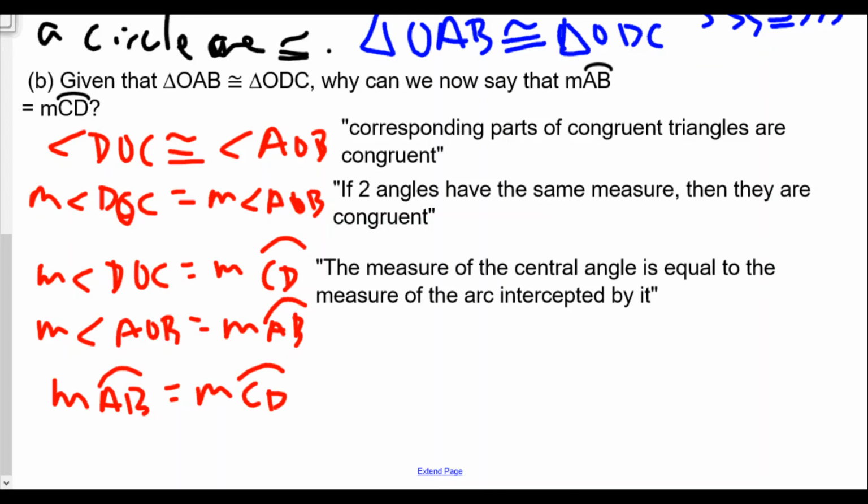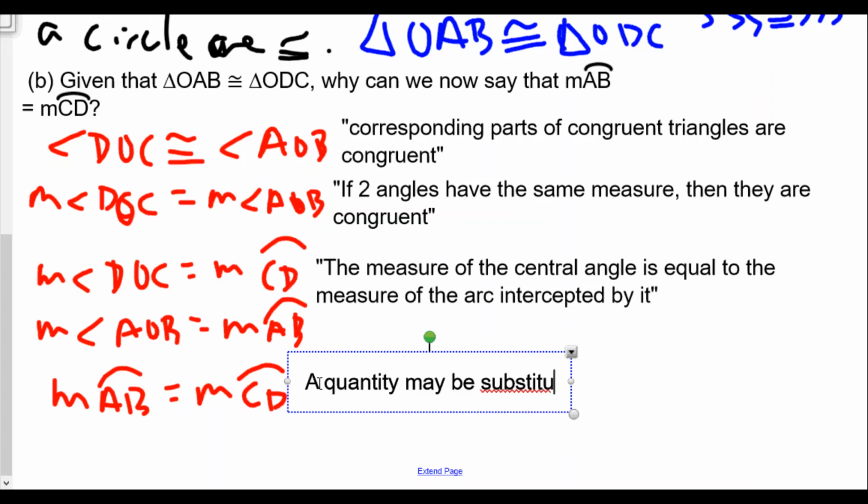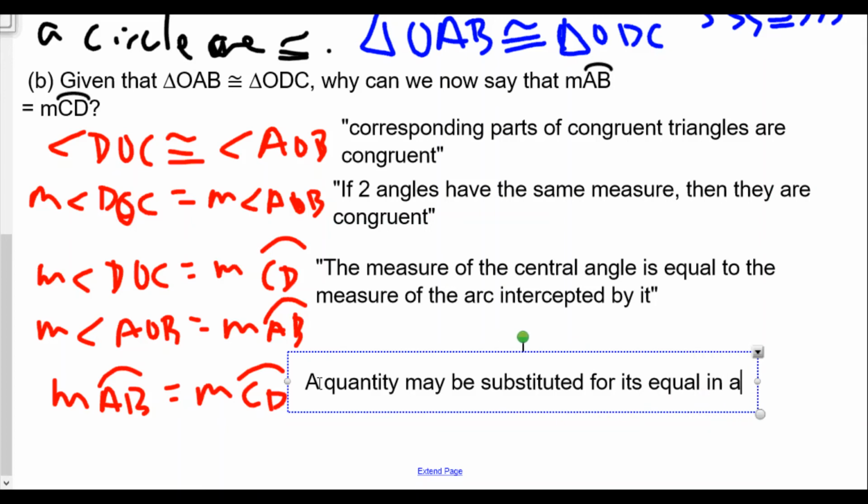And finally, to fill this out, we will give the reason: a quantity may be substituted for its equal in any expression.